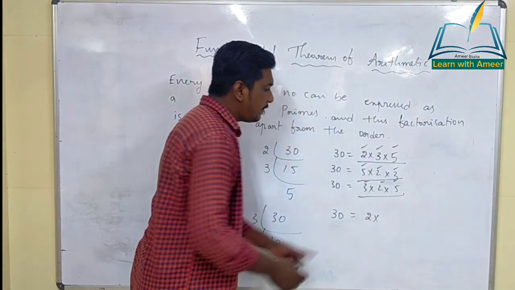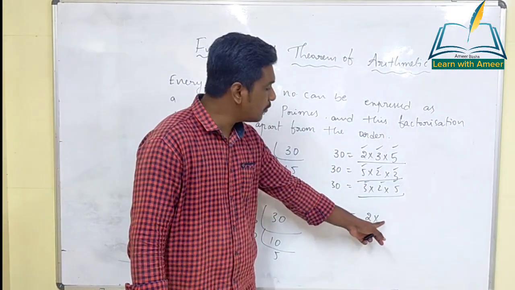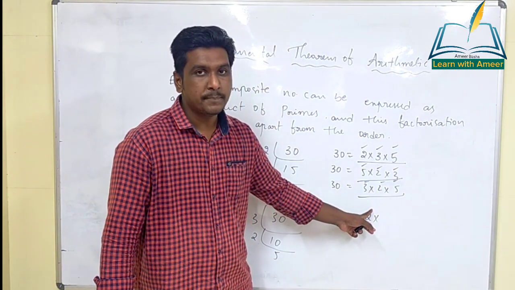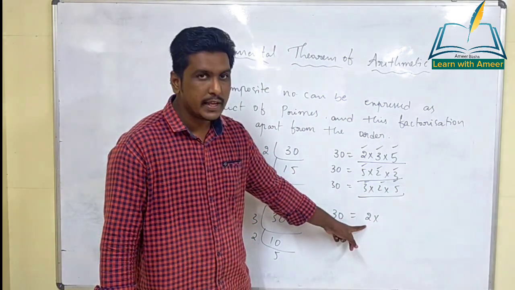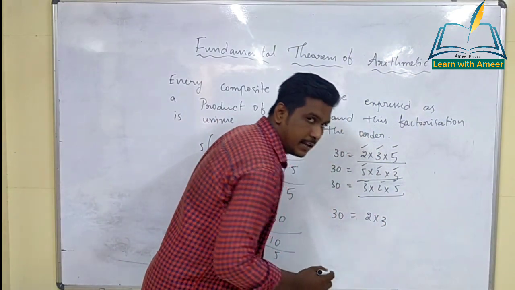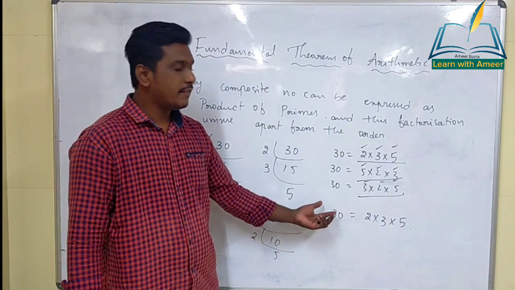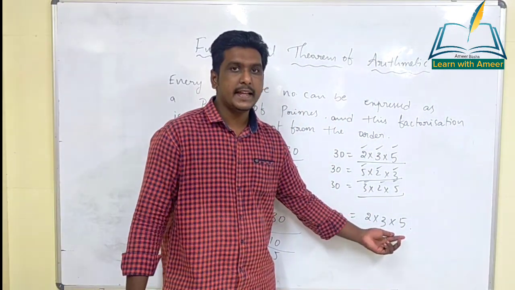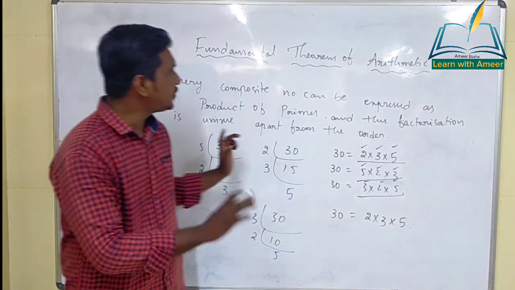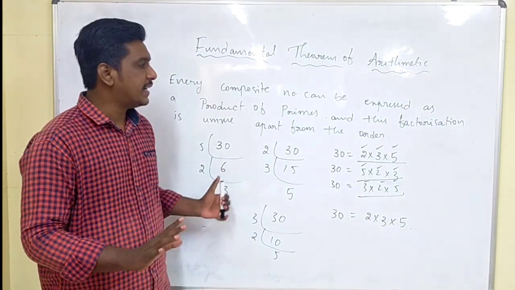If we have one more 2 in any other sum, we will write 2 power 2. Since we have got only one 2 here, we will just write 2. Next number, 3. Next number, 5. So generally we write factors in ascending order, children. Okay, understood, children? So this is called the fundamental theorem of arithmetic, children.